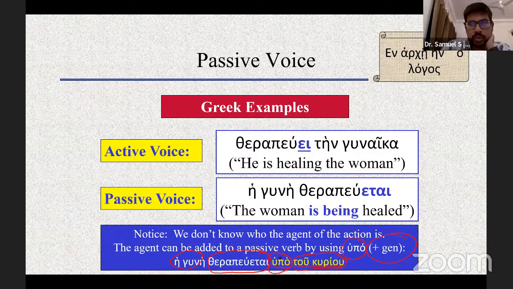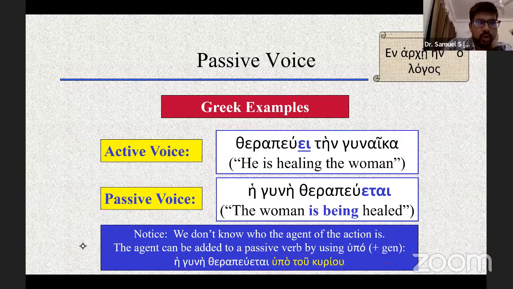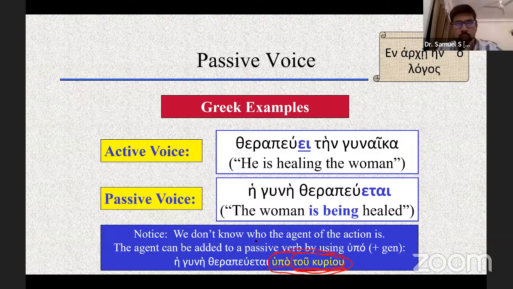Remember, I told you in prepositions, we did this during our office hours. This is a prepositional phrase. Whenever a preposition has a noun attached to it, you ignore the case. You don't say is being healed by of the Lord, right? This functions as a prepositional phrase. And when we look at prepositions, we'll see that better.